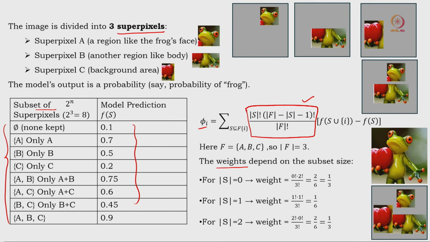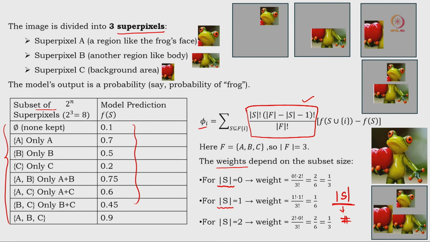Now, what exactly is the meaning of cardinality of S with 0, cardinality of S with 1, cardinality of S with 2? In general, the cardinality of S gives us the number of superpixels in that subset.